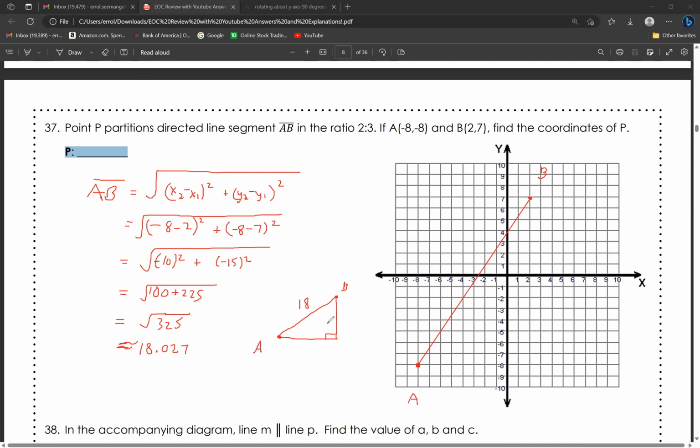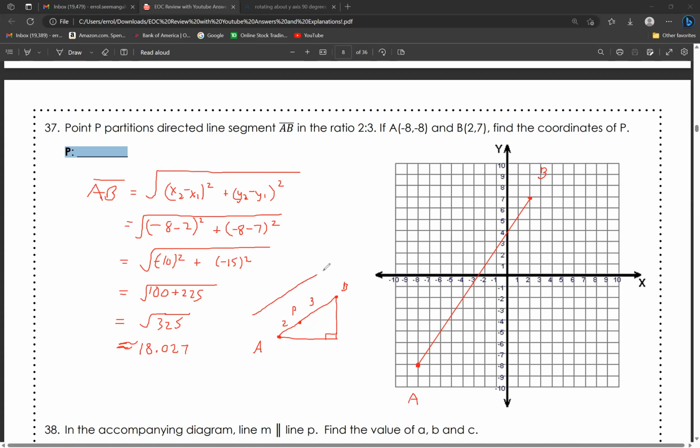The question is, P is somewhere along AB, but it's closer to A. Here's P somewhere. This is your 2 and this is your 3. So how can we find the coordinates of P? If P's right here, this part is 2 units, and this part is 3 units.